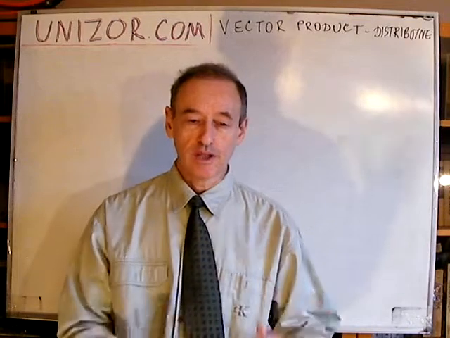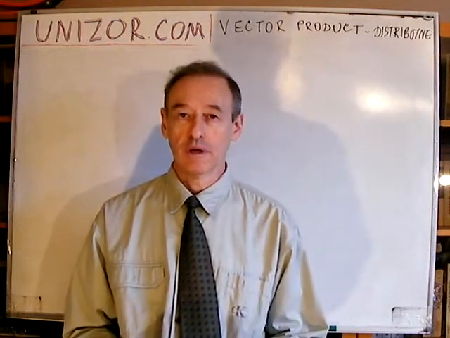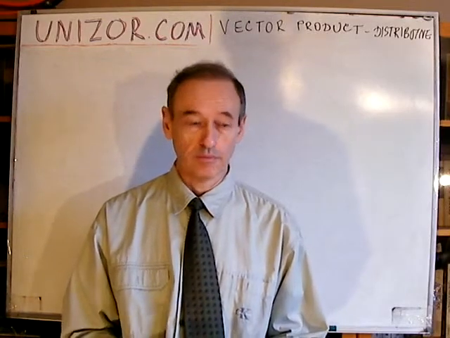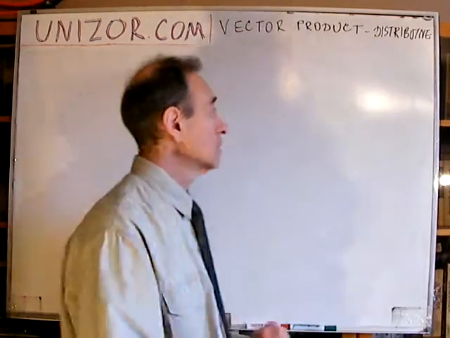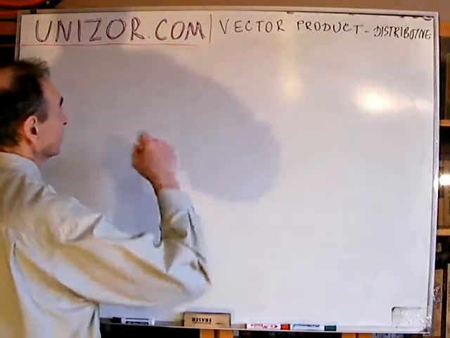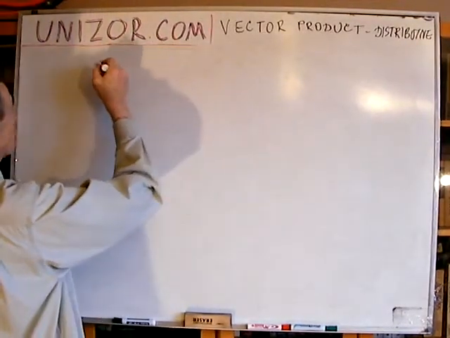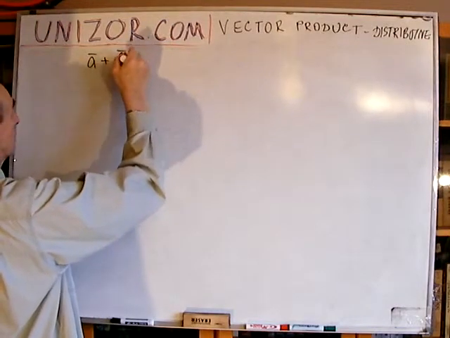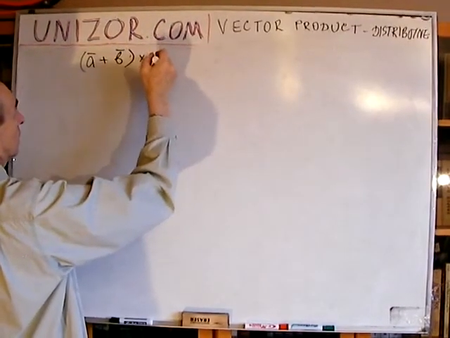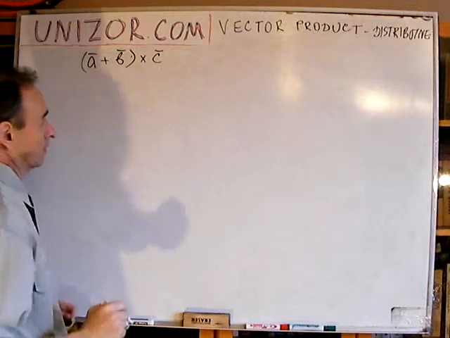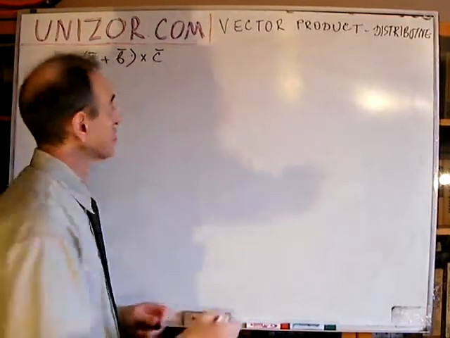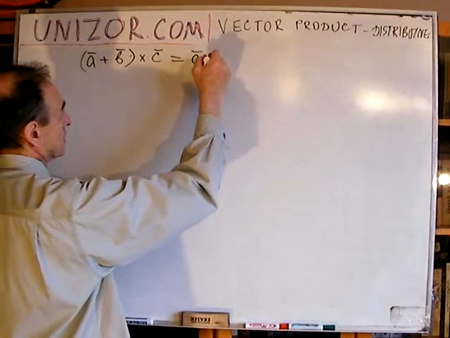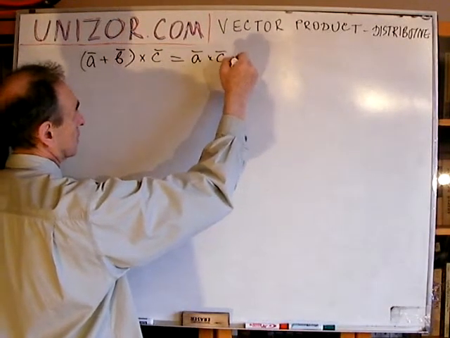I would like to dedicate this lecture to one particular property of vector products, the distributive property. The distributive law of vector product in relationship to an addition of vectors has its typical form.